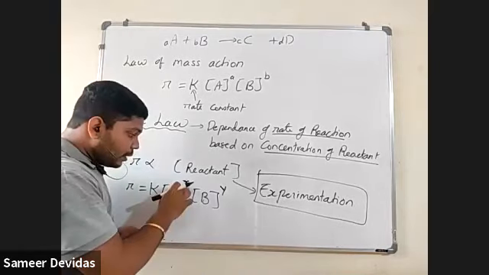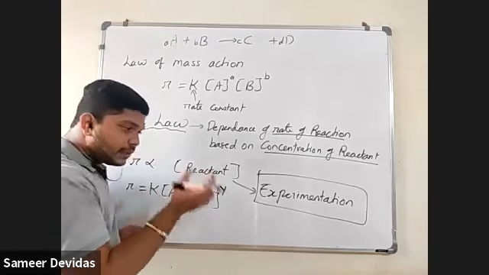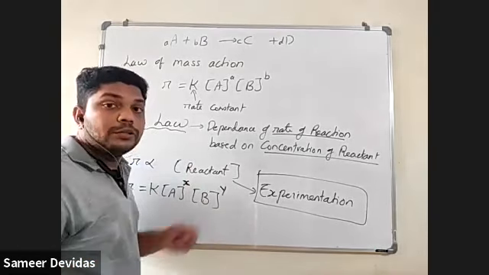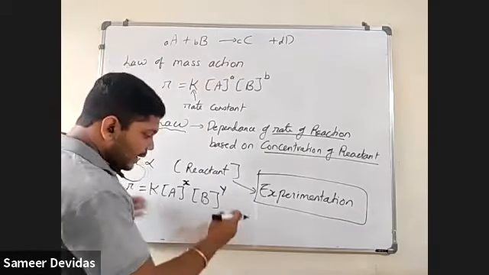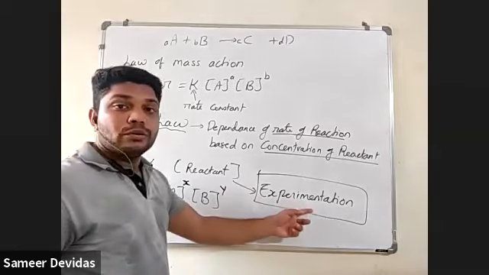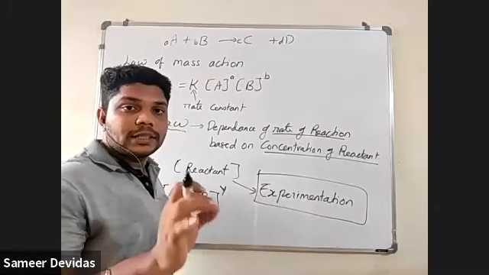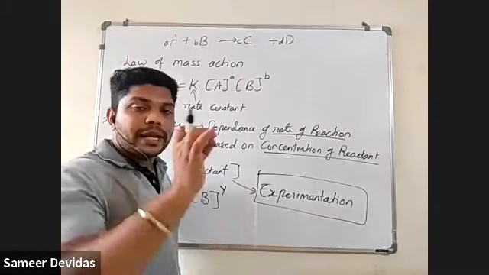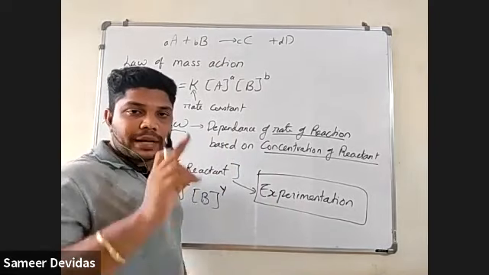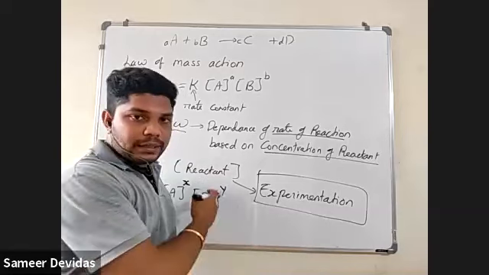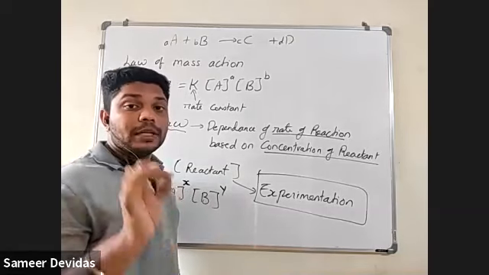To write the particular numbers, what is that X number, what is that Y number, you need to do the experiment. Only on an experimental basis can you write this X and Y. You cannot write the rate law based on theoretical concepts.